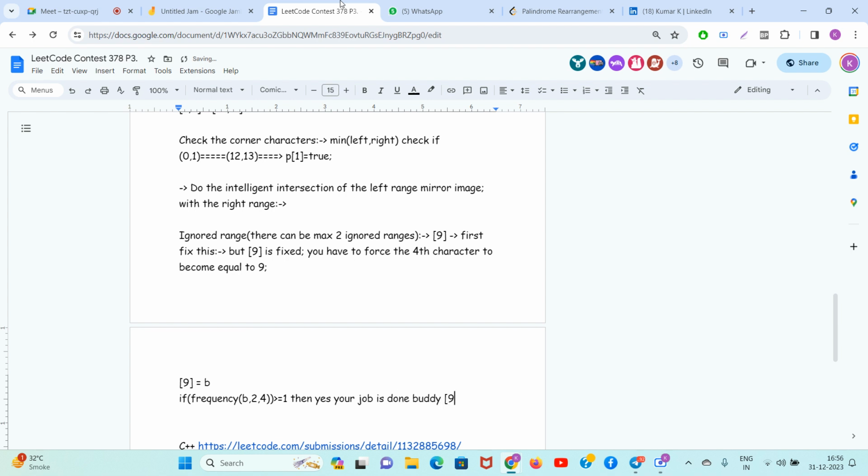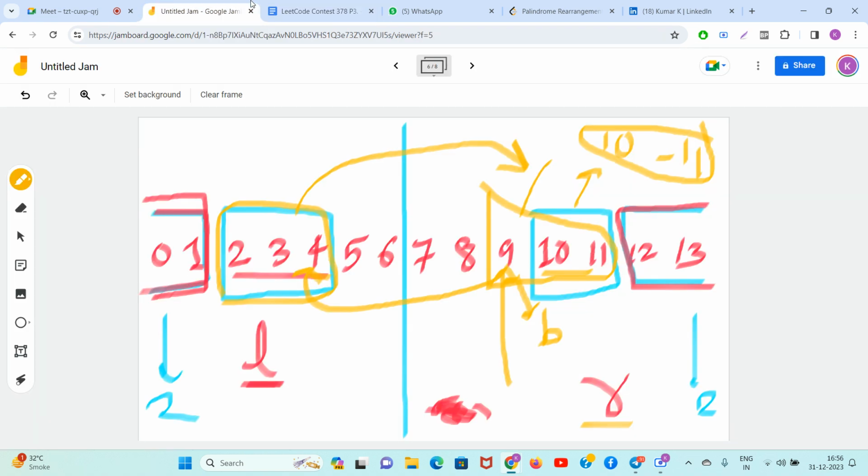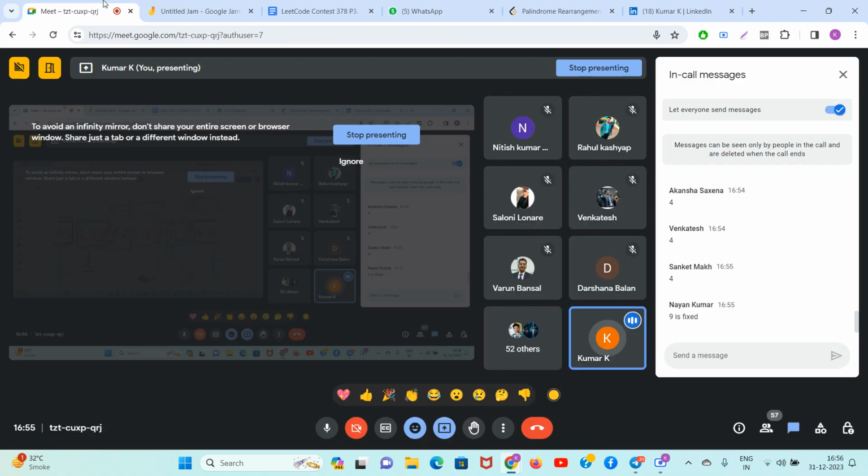9 has become equal to 4. Okay, this part has become equal to 9. Now guys, which was the intersection range? First we give attention to the ignored part.